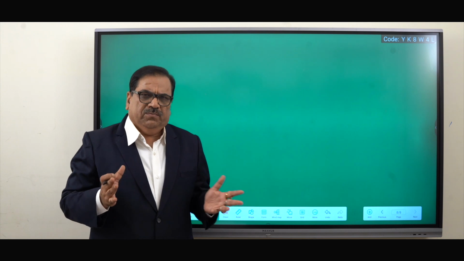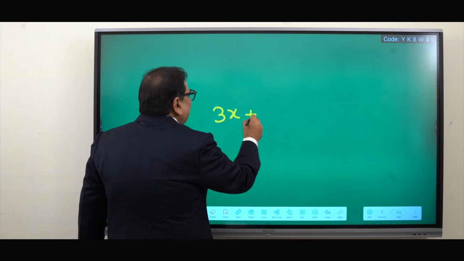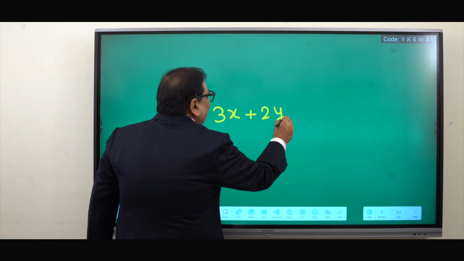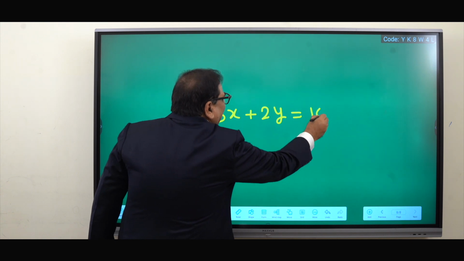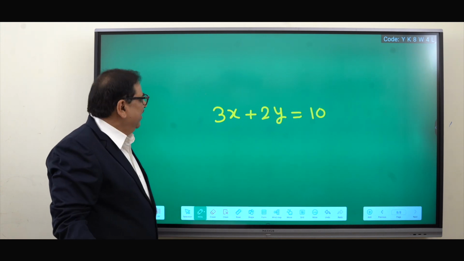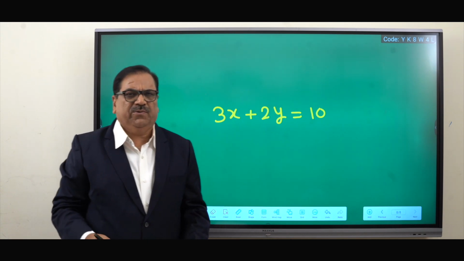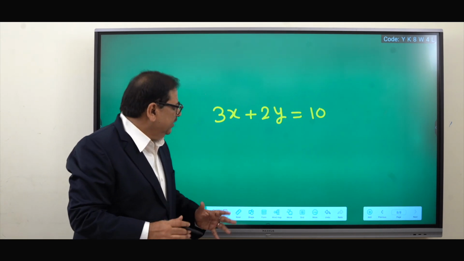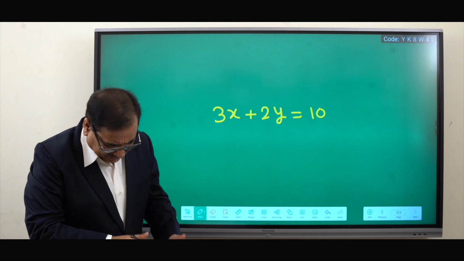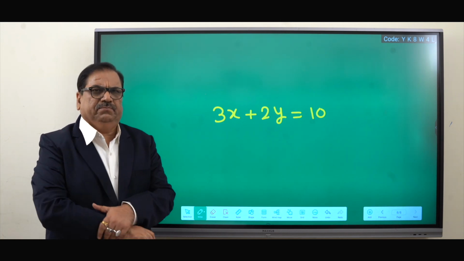So, for example, suppose 3x plus 2y is equal to 10, or 3x plus 2y minus 10 is equal to 0.